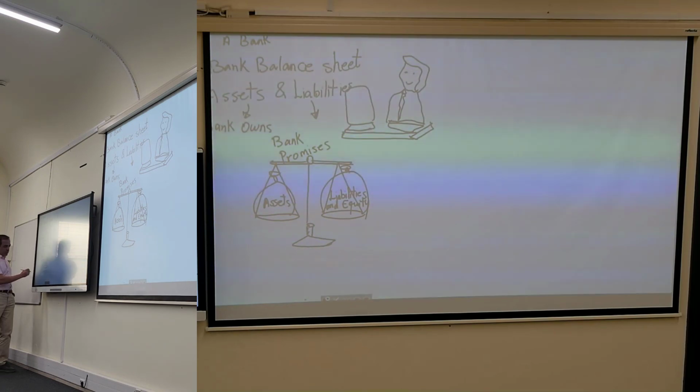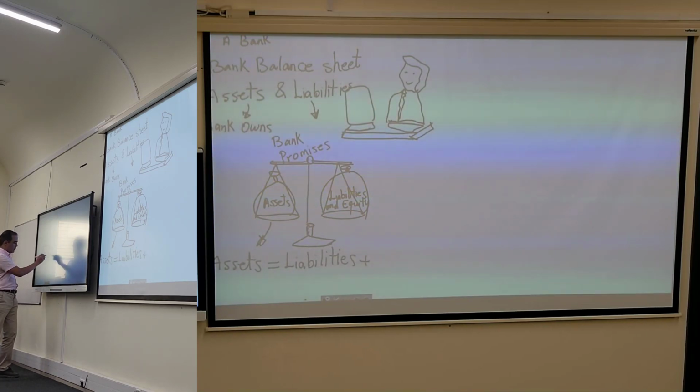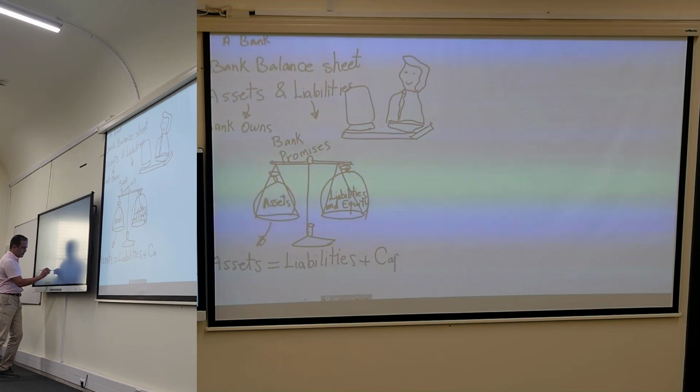So the magic rule is that assets, one side, is equal to liabilities plus what? The capital. Okay.